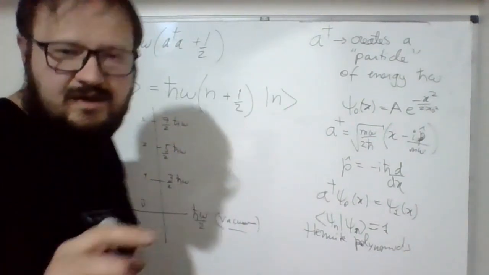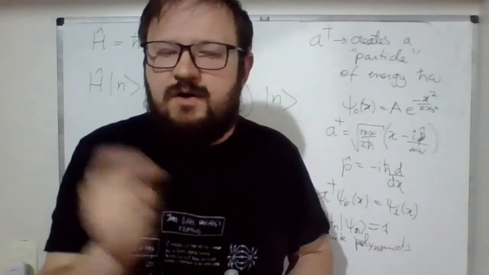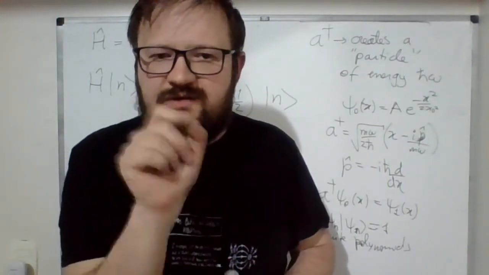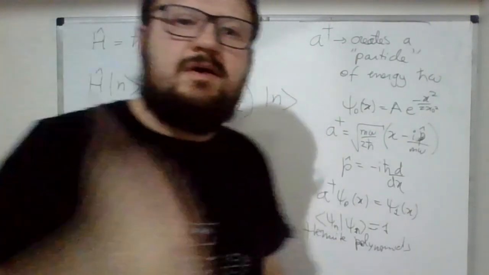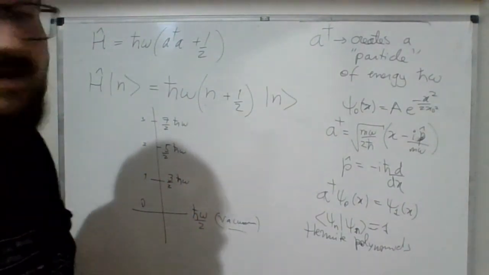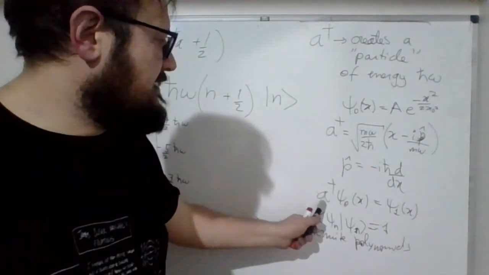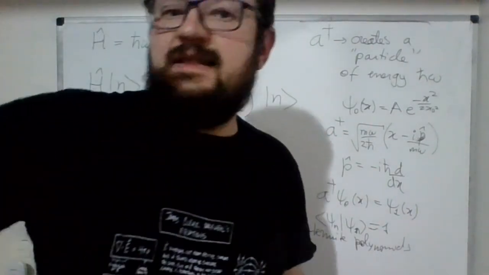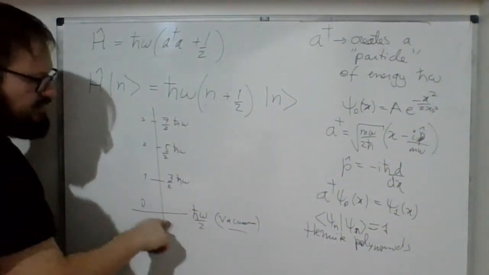In fact, you have the solution for one system which oscillates around some harmonic oscillator potential, but you can interpret the energy states as creating, as you apply the A dagger, levels with one quantum, zero quantums.